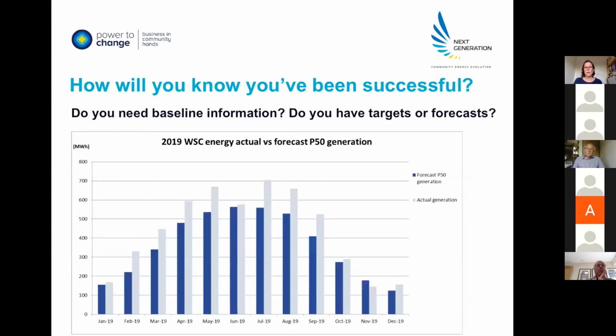Talked a little bit about baselining. This is from the Westmill Solar Cooperative, and the dark blue line is what they were forecast to generate, and the pale blue is what they've actually generated.